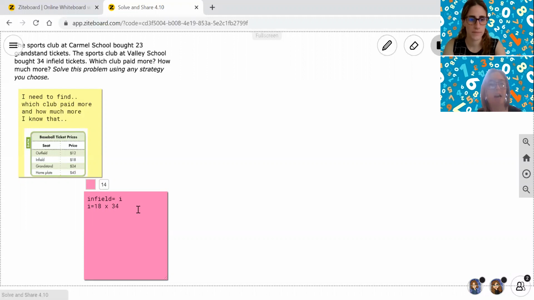So 18 times 34 is our first equation. Then to find the cost of the grandstand tickets, I'm going to do G, G for grandstand. G equals 23 tickets times $24.